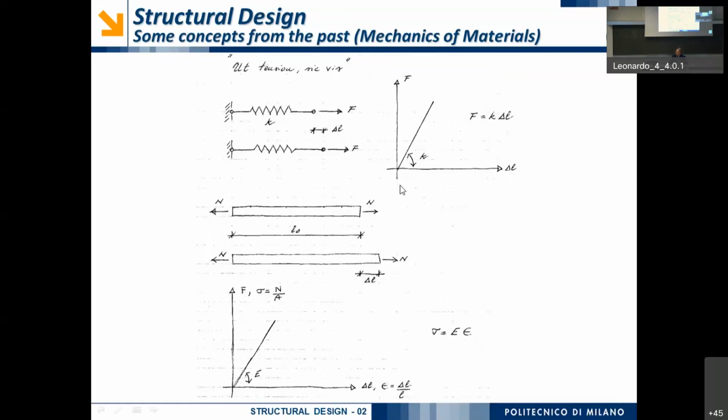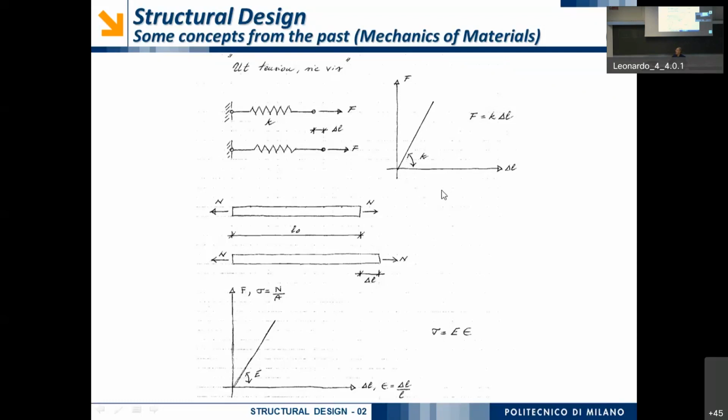The relationship between the elongation, delta L, and the applied force is a linear relationship for an elastic element. And the tangent of this linear behavior is the constant K of the spring.